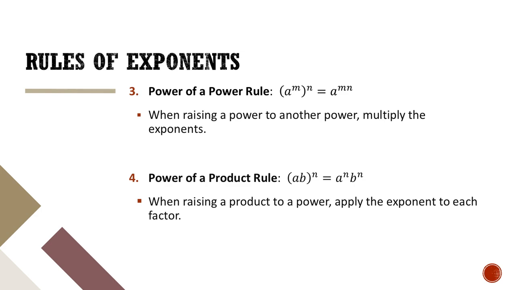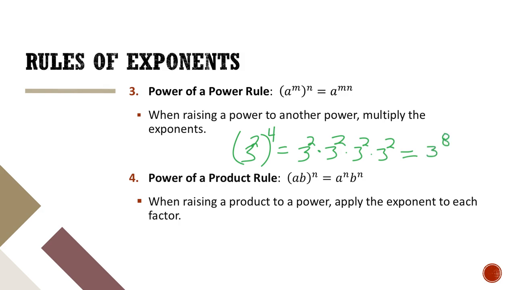So a couple more rules of exponents. We'll talk about some negative ones in a little bit, but we're going to talk about the power of a power rule, which says if I have a to the m to the nth power, we're going to actually multiply. So if I have 3 squared all to the 4th power, what that means is we're doing 3 squared times 3 squared times 3 squared times 3 squared, which is 2 3's, 2 3's, 2 3's, 2 3's, which is 8 3's, which is 3 to the 8th.